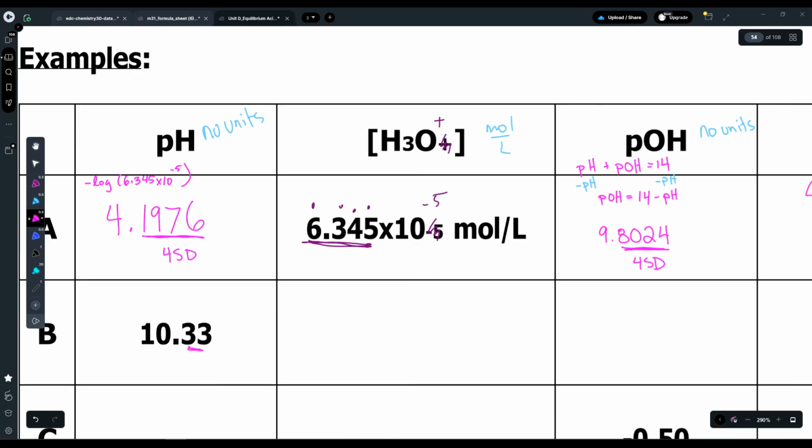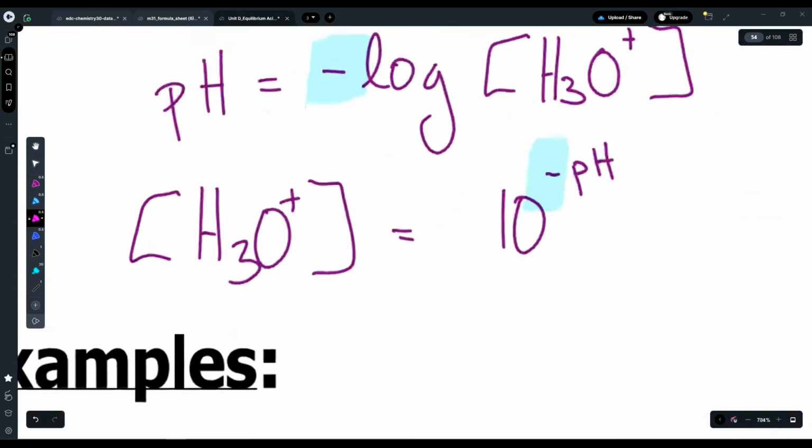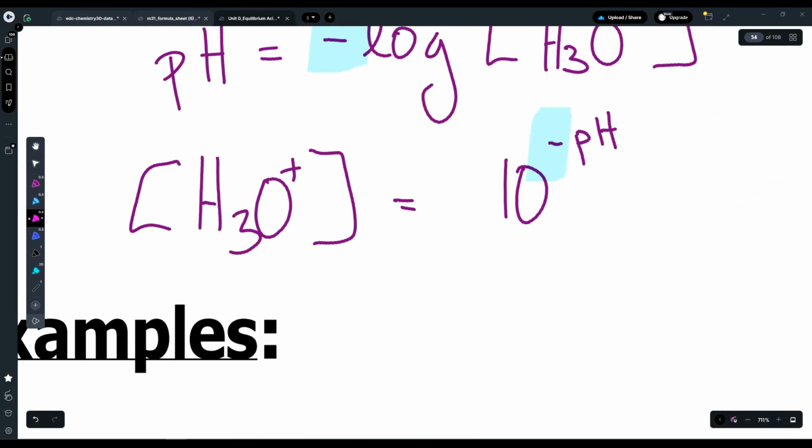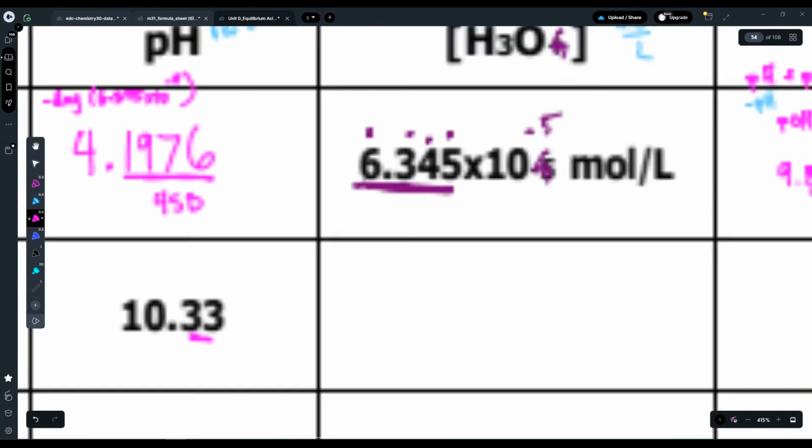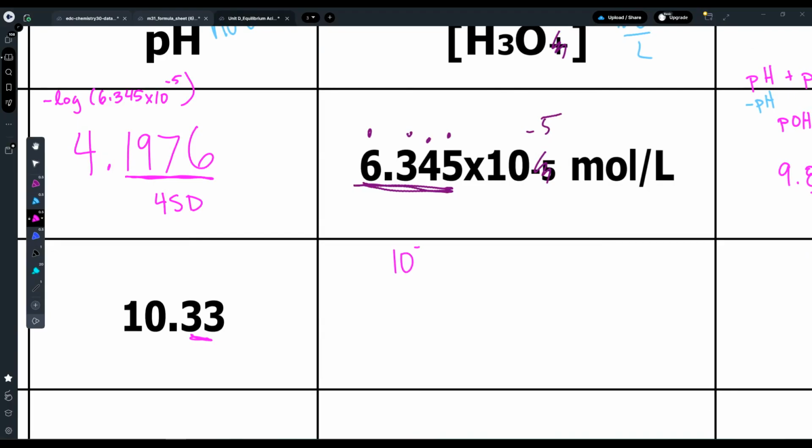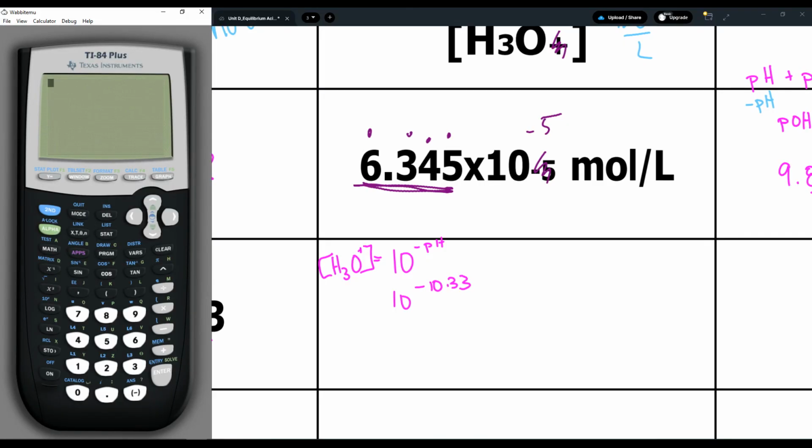To determine concentration of hydronium, I'm going to be using this formula here. So second function log, 10 to the power of negative 10.33. Hit enter, so we get 4.6773, goes on forever, times 10 to the negative 11.